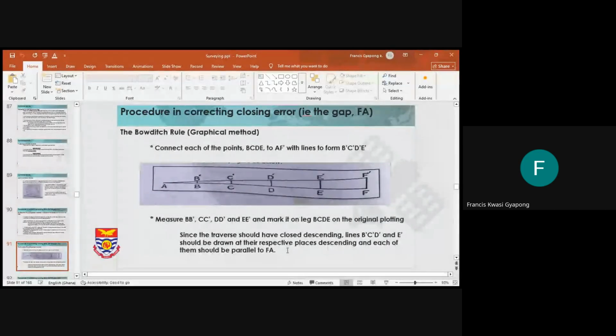So the vertical line at F prime and F on your screen is the gap, the length of the gap. So if you measure and got, let's say, 0.5, you come and stand at F and measure up to 0.5. You place a point there. If it is 0.9, the same thing.